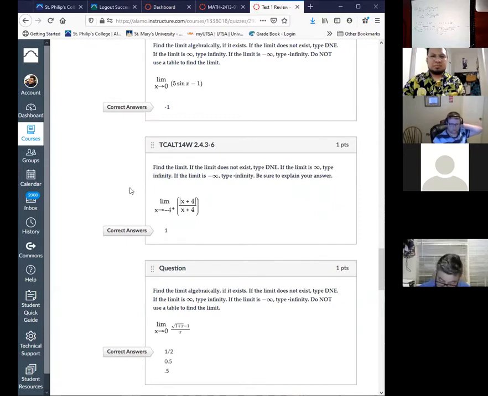Okay, so limit x plus 4. I think graphing this one would make more sense. Let's get a grapher up.